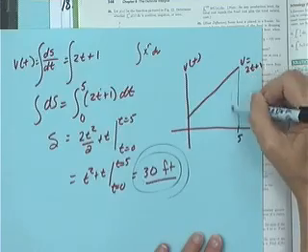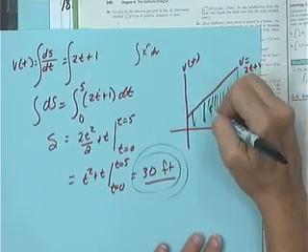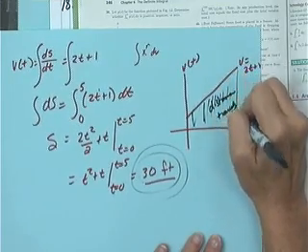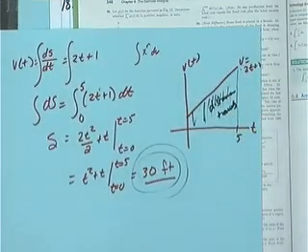That slant line. The area under this curve represents distance traveled. If this is your velocity function and you anti-differentiate velocity, you get distance.